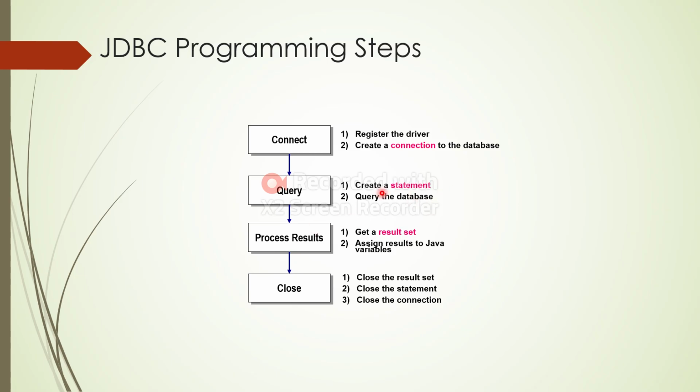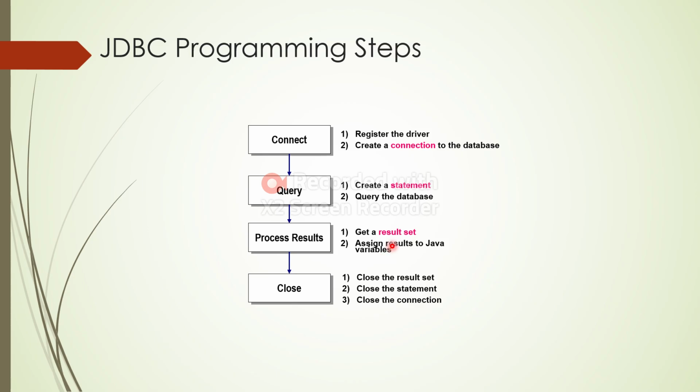Okay. So the statement is responsible for sending the query. You are creating the query and calling for execution. The moment you call for execution, you get a result set, or maybe an integer value. If it is a result set, you have to process that result set.